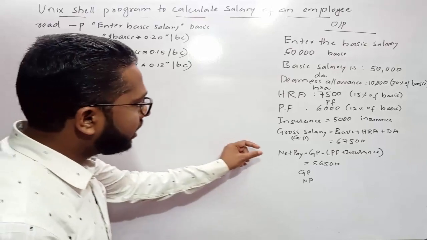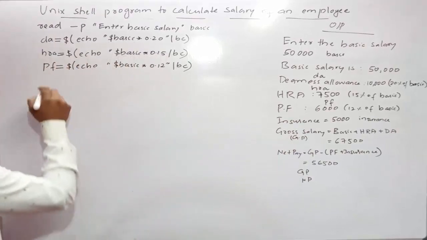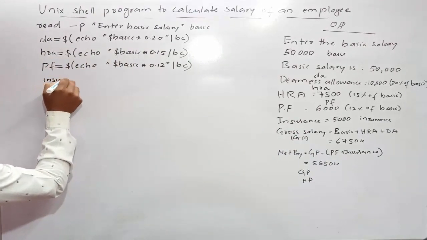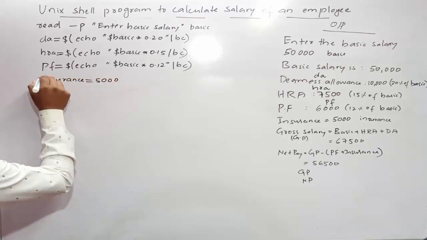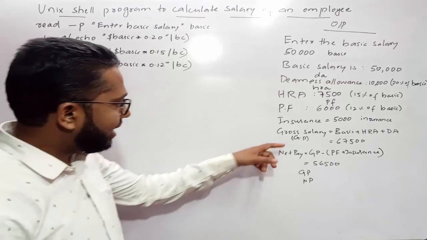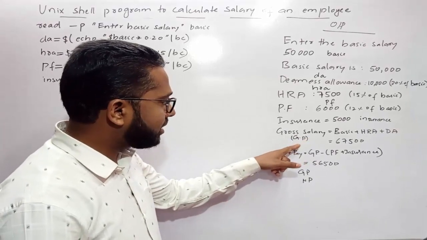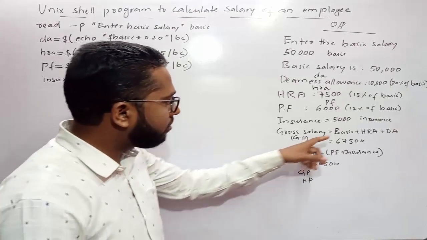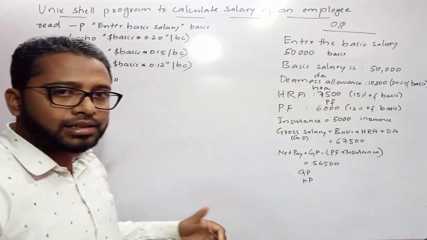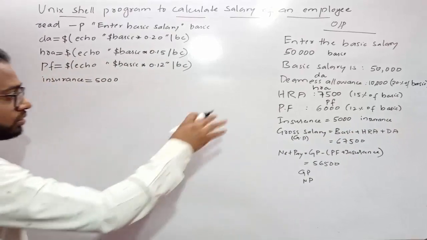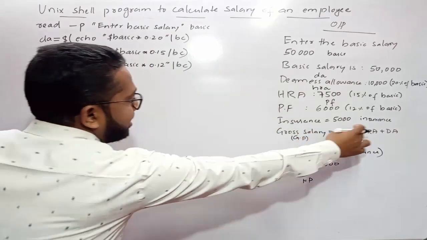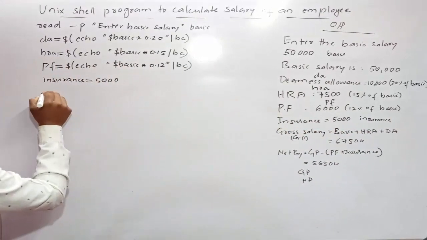Next we need to set the insurance amount to 5,000. Insurance is equal to 5,000. Then we will calculate the gross salary. To calculate the gross salary, we want basic, HRA and DA, and we have already calculated these terms, so we will just use these three variables in the expression.